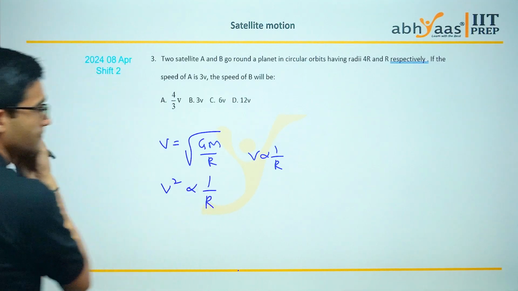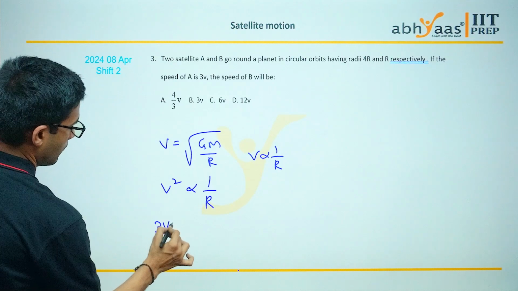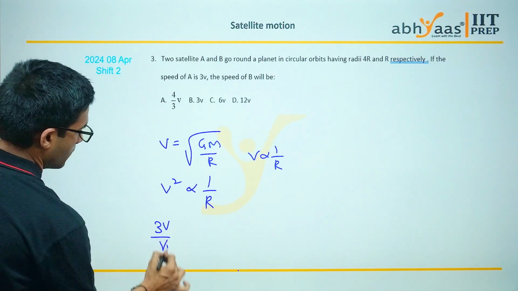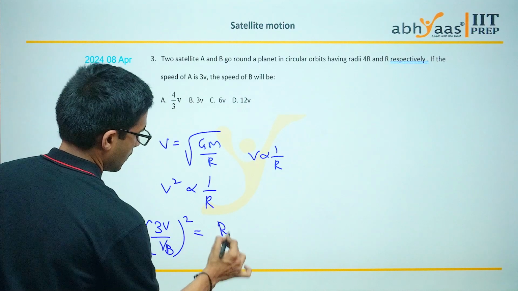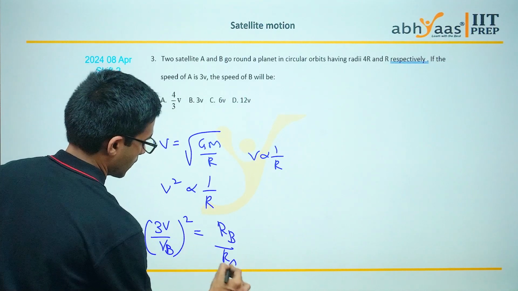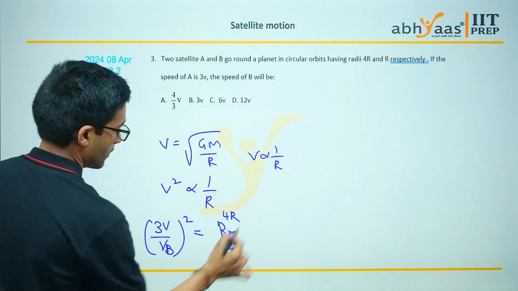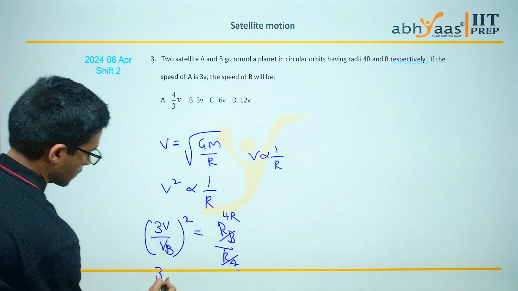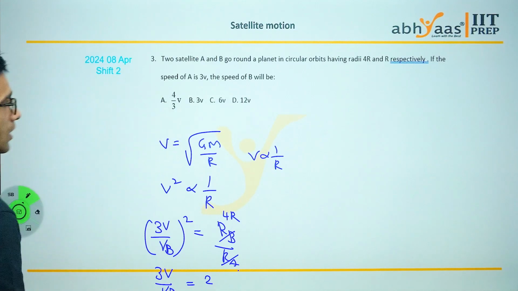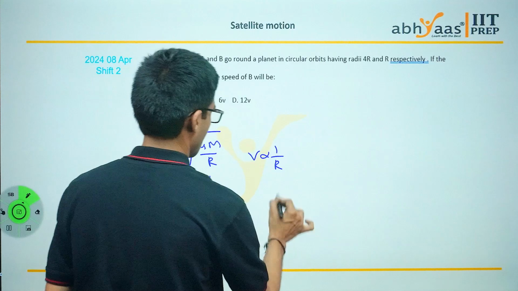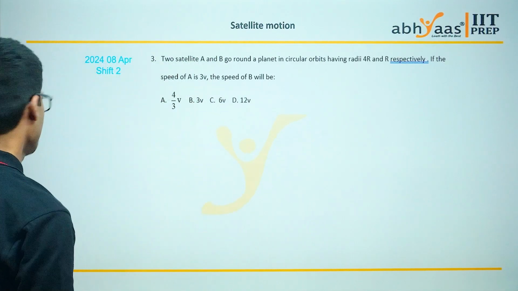So speed of A is 3V, 3V by VB whole square is equal to RB by RA. If you take it like this, it is 4R, right? So if you take the root, 3V by VB is equal to 2. Then you will get 6V. Okay, 6V, you just check it. Speed of B. Okay, next one.